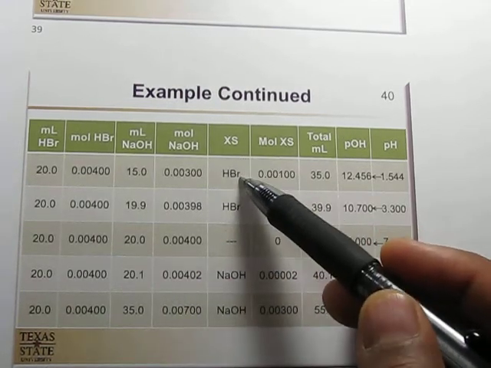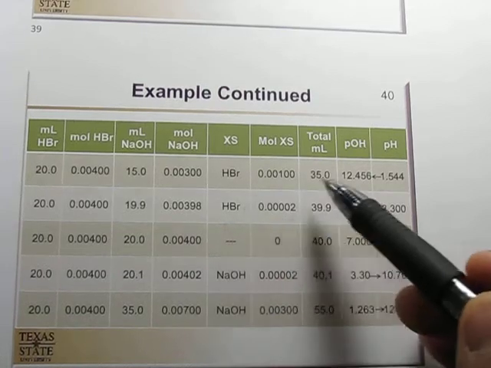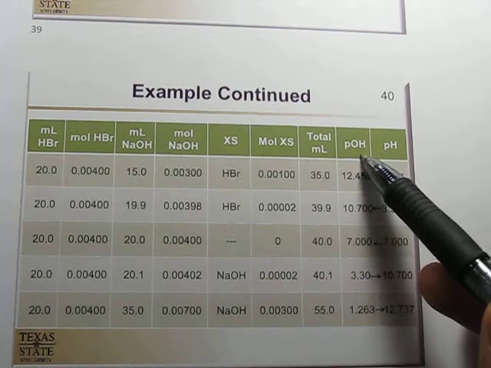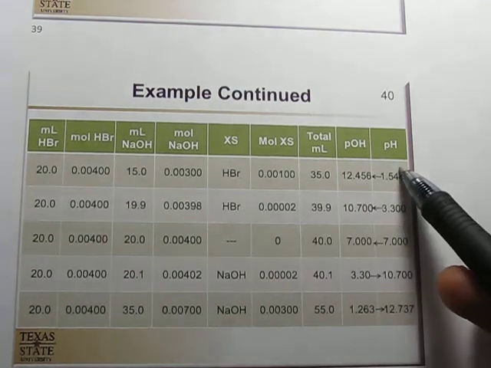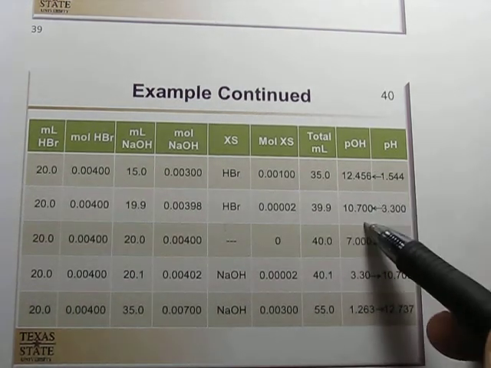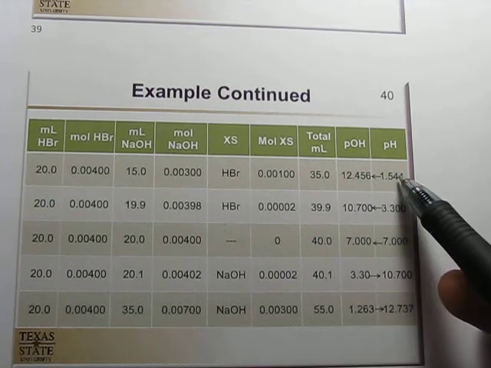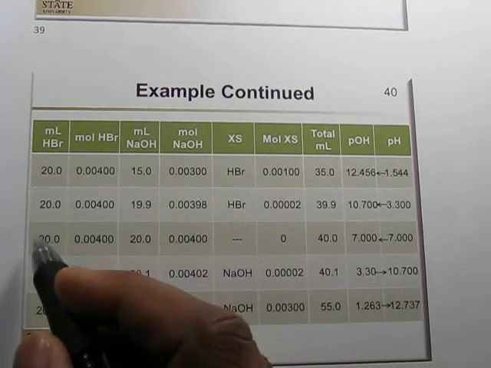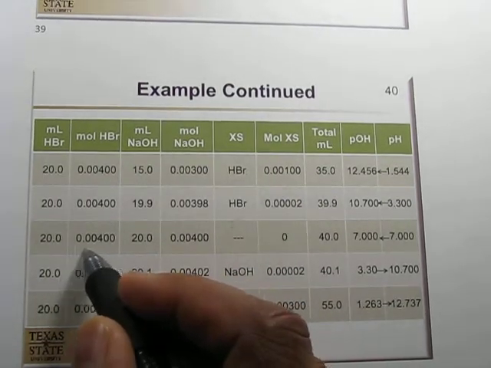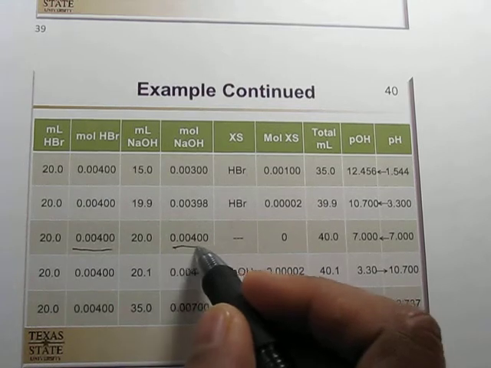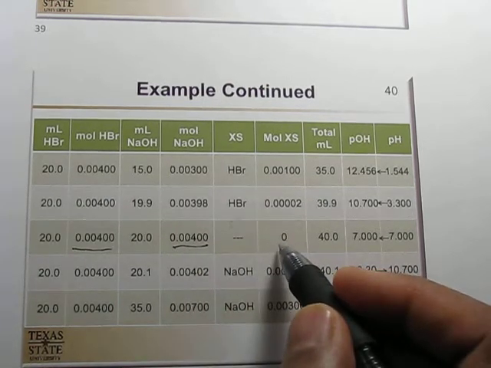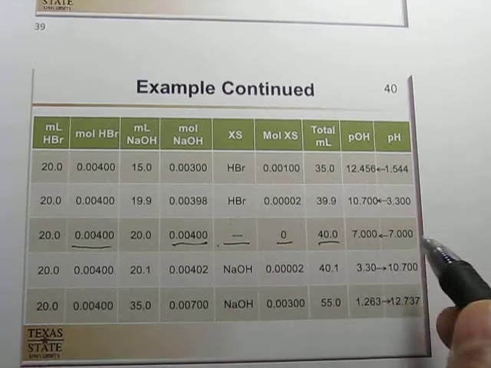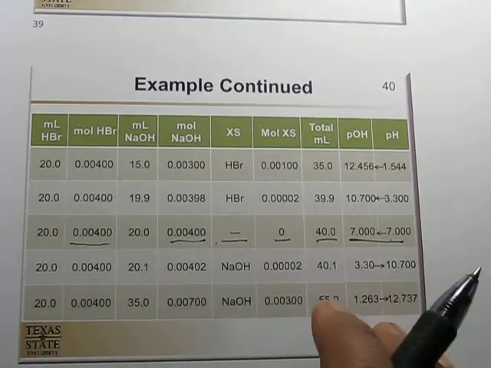Once we have excess HBr, we have to calculate the moles of excess and the total volume, then here is the pH this much and the pOH this much. The pOH you can find by subtracting from 14. At the equivalence point, where the moles of HBr and moles of NaOH are equal, there is nothing in excess, the total volume is 40 and the pH will be 7.